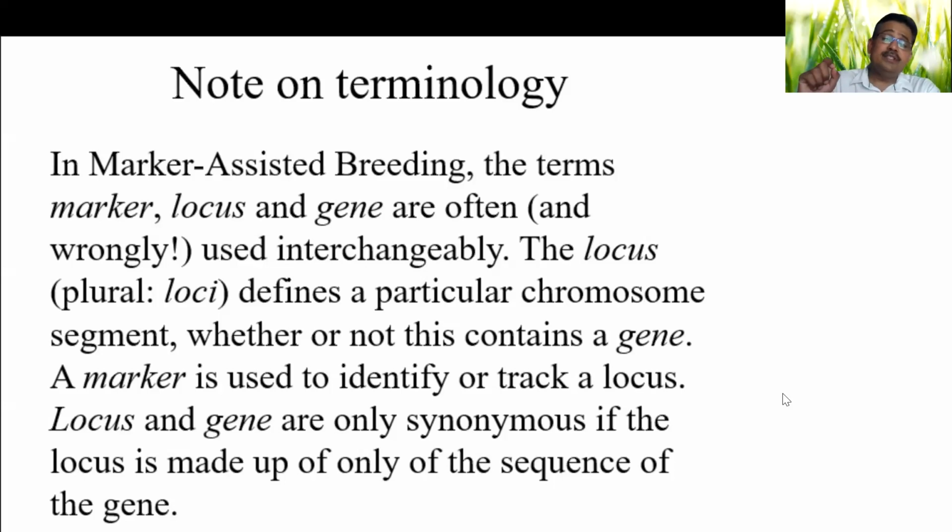When you refer to one particular trait, we call it a locus. If there are multiple traits, we call them loci. If 10 or 15 loci are mapped in a chromosome, we call them loci. Only one locus, one particular trait mapped, is called a locus. So this is a very important term, and we have to be very careful while writing.